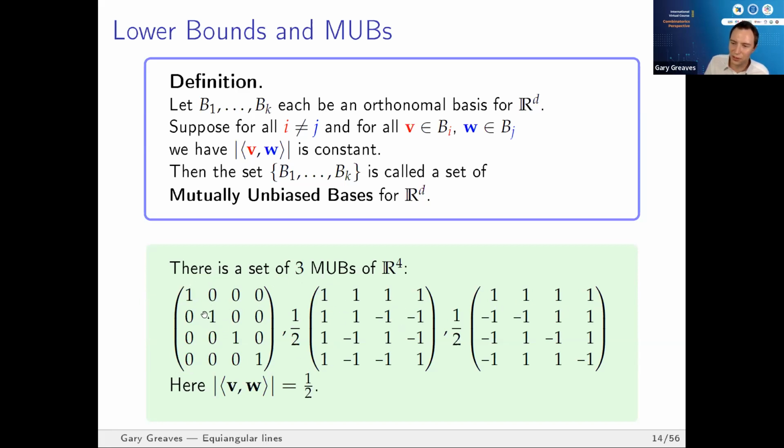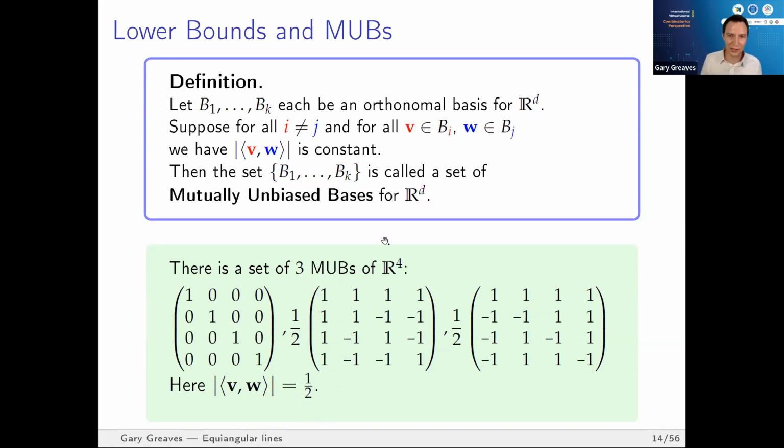But if I take this second vector here, I'll sometimes get a 1/2 and I'll sometimes get a -1/2, so I'll get plus or minus 1/2. The absolute value though is always constant. And this also holds between these two as well. I need this to hold between any pair of bases, so I can also take any vector in here and any vector in here, take the inner product, and I still get absolute value 1/2.